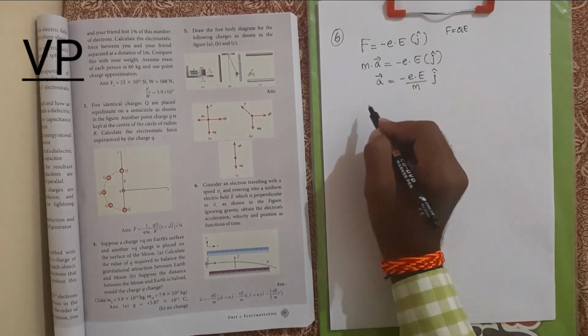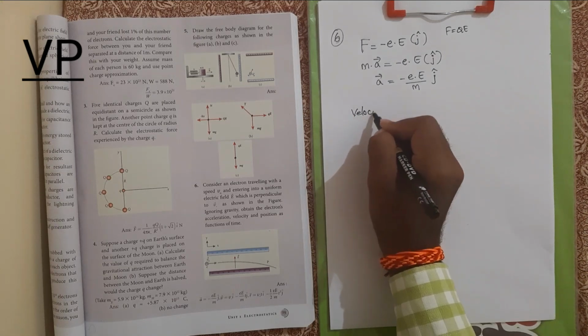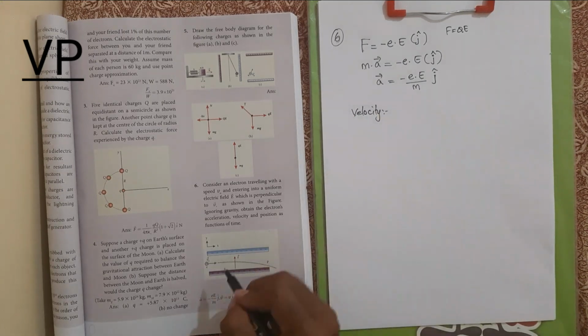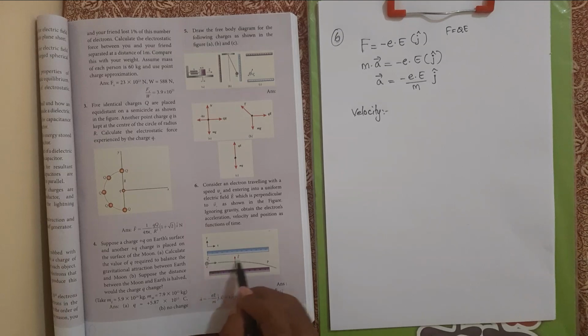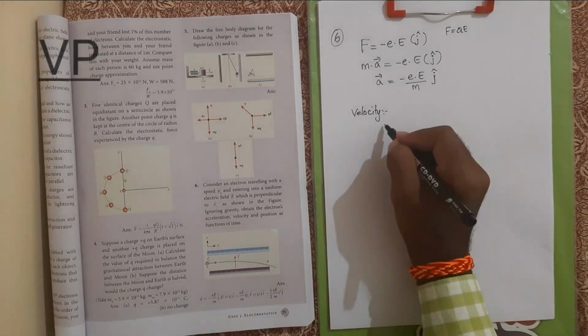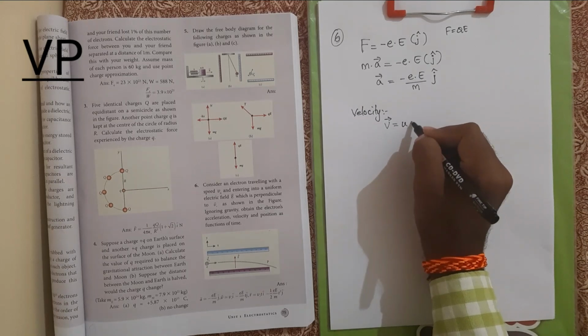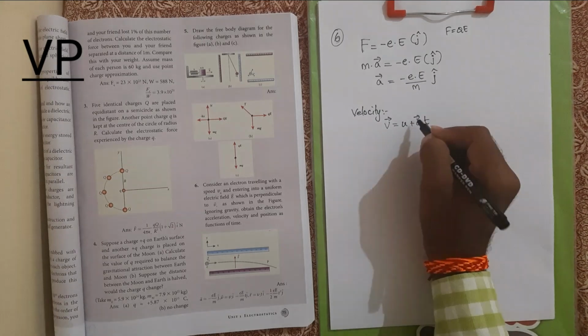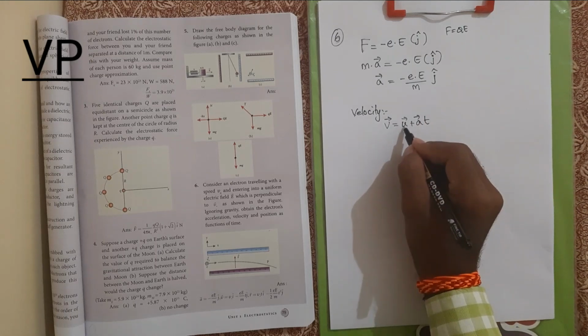And we are also asked to find the velocity. To find velocity, since this is a uniform electric field, the particle experiences constant acceleration, such that we can use this formula from kinematics: v is equal to u plus at. Here the small u is nothing but the initial velocity.